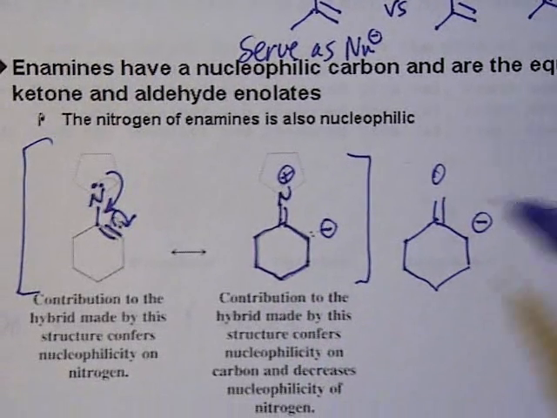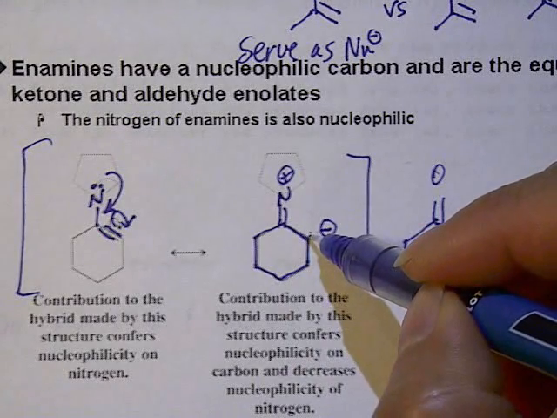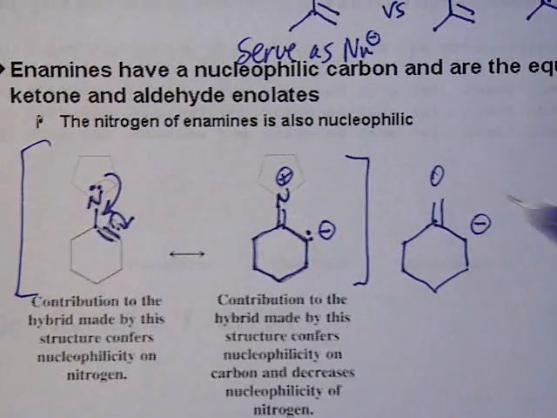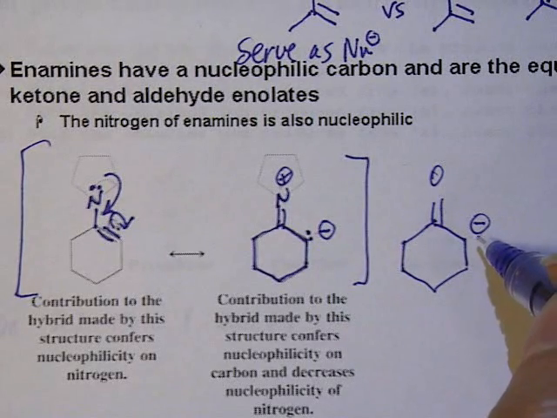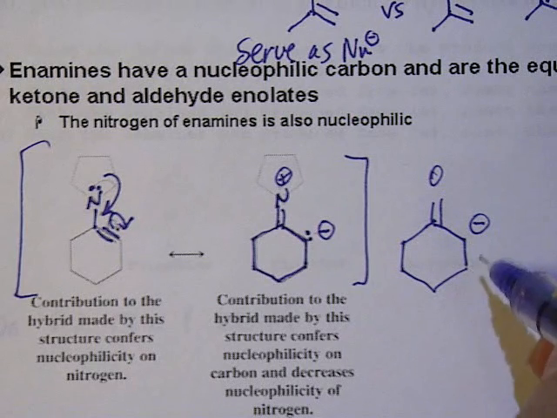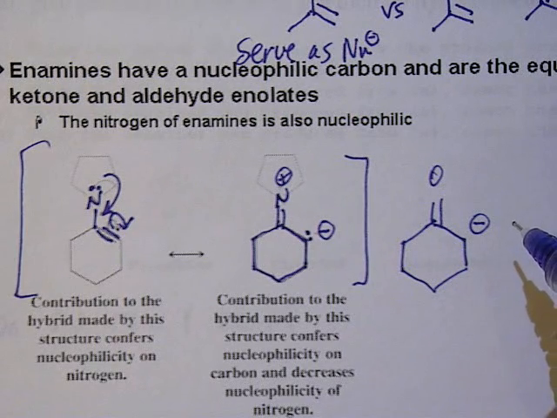All right, so this carbon right here, where the negative charge is, is where the nucleophilic center could be, just like in enolate and enol, the carbon next to the double bond O was the nucleophilic center.